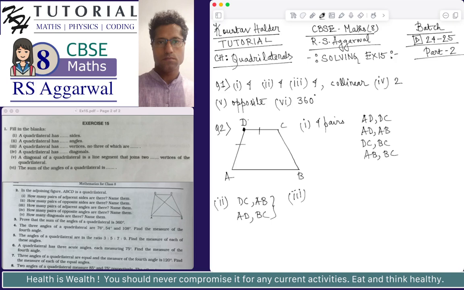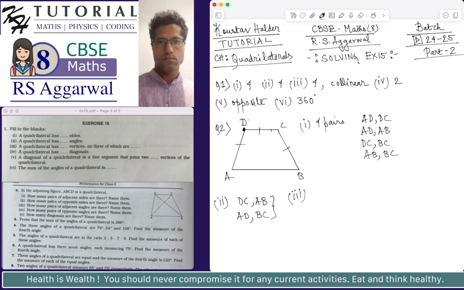Part 3 says: how many pairs of adjacent angles are there? Now, an adjacent angle in a quadrilateral is obtained from a particular side. If you take any side, let's say the side BC, first of all, the angles of a quadrilateral mean its internal angles, and the internal angles are named after its vertices.